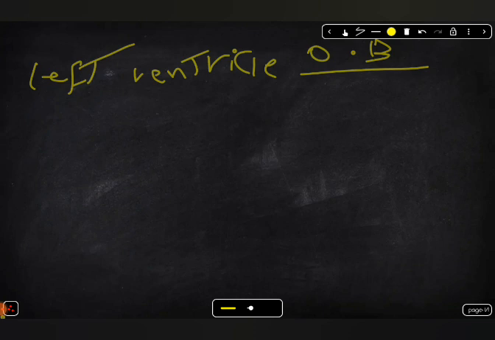In the pulmonary circulation, the blood in the end will be oxygenated blood, and the oxygenated blood will go to the left atrium and then to the left ventricle. Here I will start with the left ventricle. I will start at the end of the previous circulation. Okay? The left ventricle will push the oxygenated blood to the aorta.